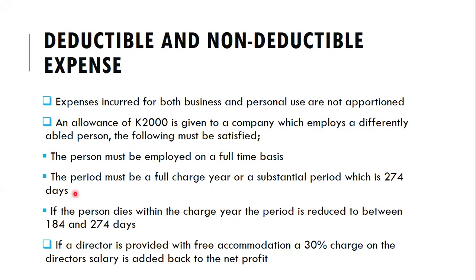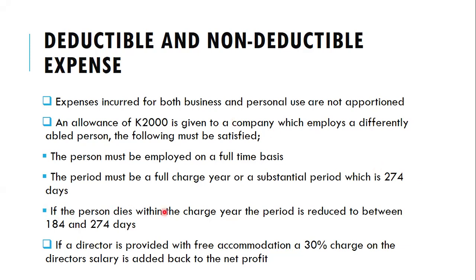The period which must be covered: that employee who is differently abled must be employed for at least 274 days. So that's a substantial period which ZRA recognizes. Then they can claim this 2,000.